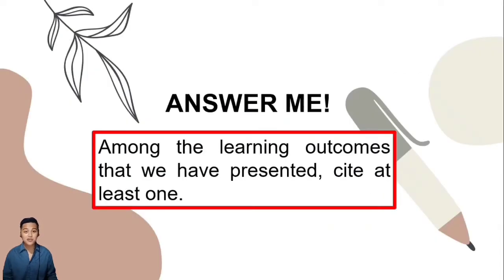Okay, here is our first question. You need to write your answer in the comment section of our Google Meet, and the basis will be first come first served. So in this case, I'll be choosing the first three correct answers. Among the learning outcomes that we have presented, cite at least one. If you listened attentively to our discussion, and I presented our learning outcomes again, I believe that you can answer this one.